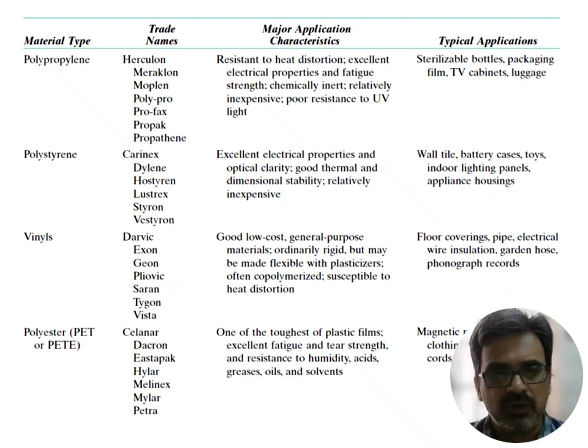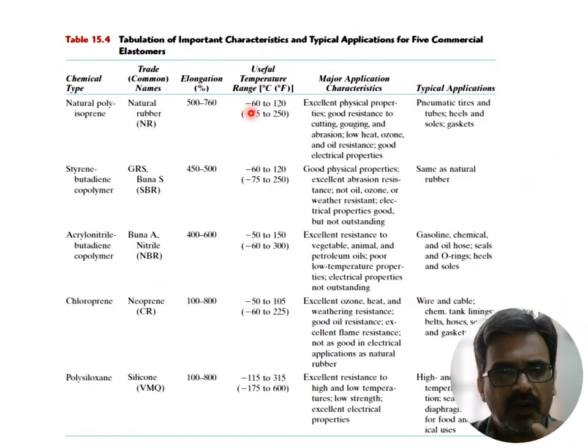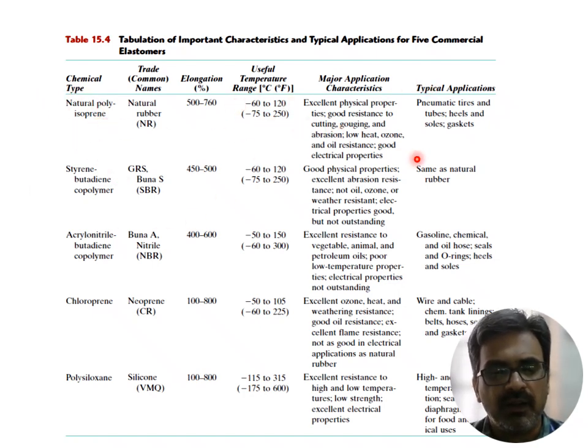Then there are different rubbers and elastomers like isoprene, where it is applied, and styrene butadiene rubber copolymer, with different brand names like GR-S and Buna-S rubber being widely used.